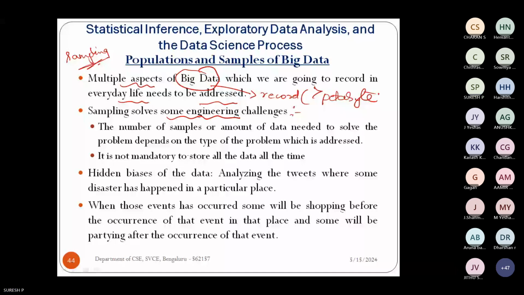Okay. So now, whenever you are going to have the data, it is not mandatory to store all the data all the time, because if you do, the system will get overloaded with data.